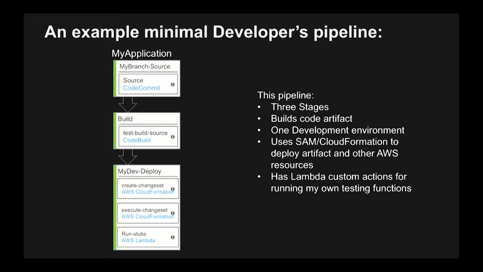We've got our source stage, we have our build stage, and then we have a deploy to a single environment. And then down at the bottom, we're going to call out to Lambda to run some stubbed end-to-end service test, perhaps. And so this could be the kind of thing that every developer in an organization has, where the source stage is pointing to their branch, and then at some point we merge this into master.